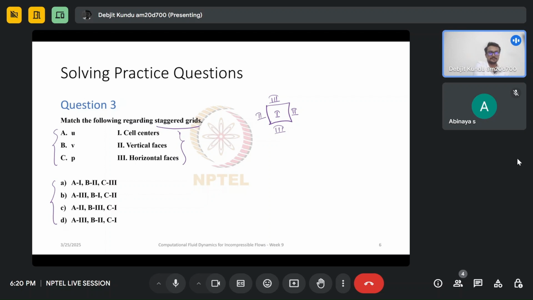So try to match them first. Then once you get an answer, try to find if that solution exists within the options given. Then you can either type in the chat box or you can unmute and answer, whichever way you feel comfortable. There's no hurry, take your time and figure out the correct solution to this question.